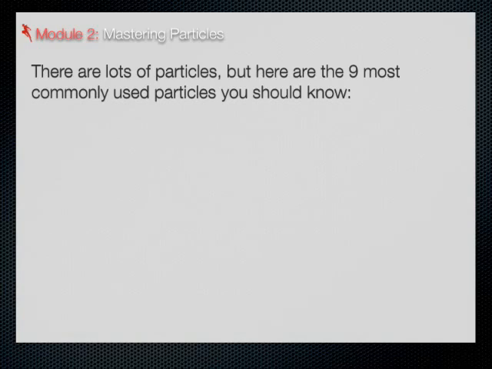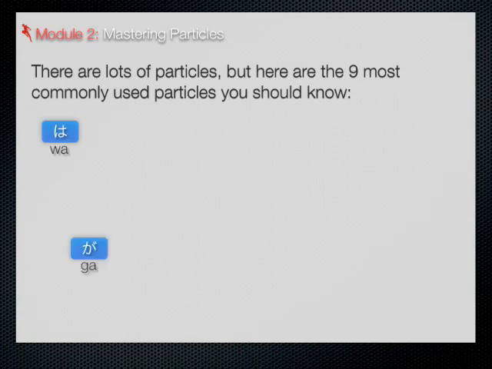So there are a lot of particles, like I mentioned, and there's no way I can go through every single one. And I actually think that going through every single one doesn't really add much value. I think that if you can understand these 9 most commonly used particles, you'll be in pretty good shape. So the particles that I'm going to go through in this module are wa. And for those of you who are studying the alphabet and say, wait a minute, that's ha. Yeah, it's written with the character ha, but when it's used as a particle, it's pronounced wa.